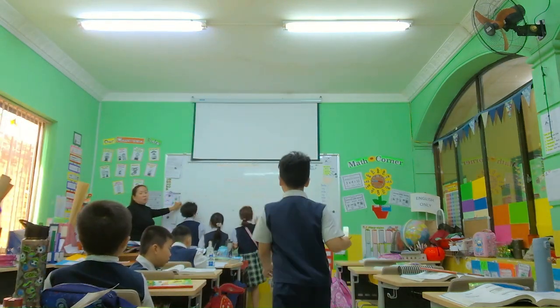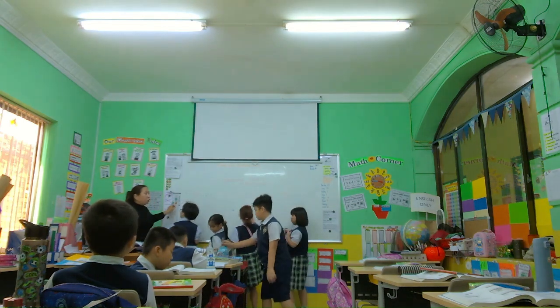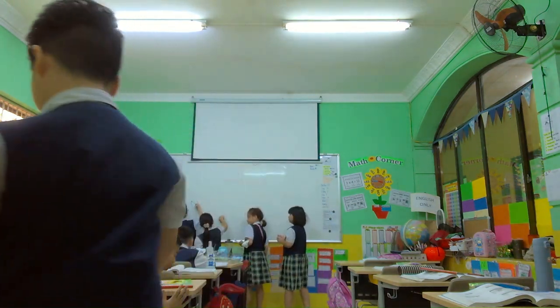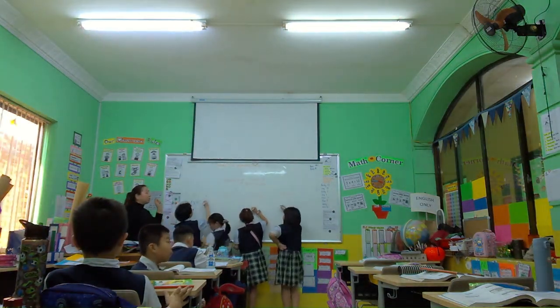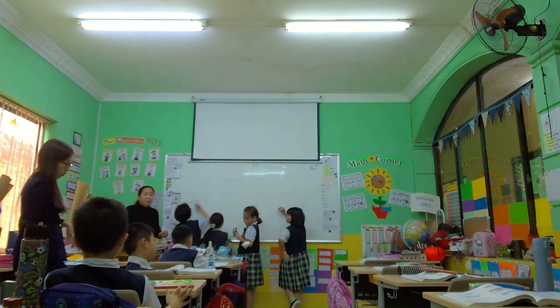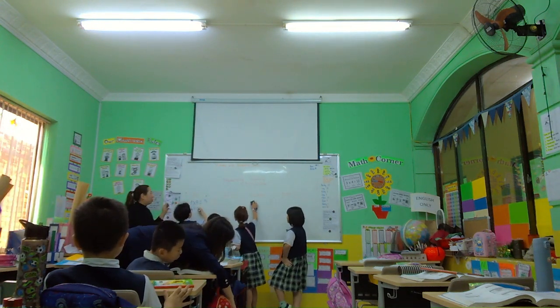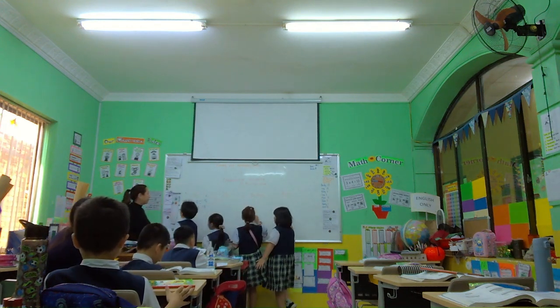What are you going to do in here? You are going to write your own example. Let me see if you can understand the topic for today. You are not going to copy the example, but you are going to think. You are going to think of your own example here on the board. That is what you are going to write.